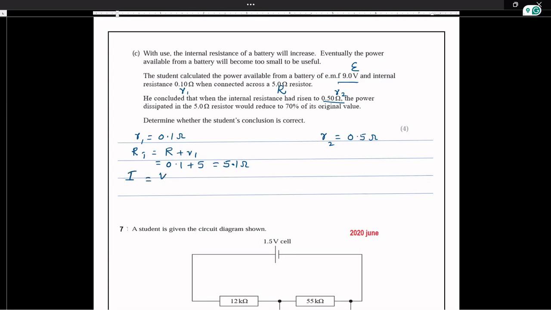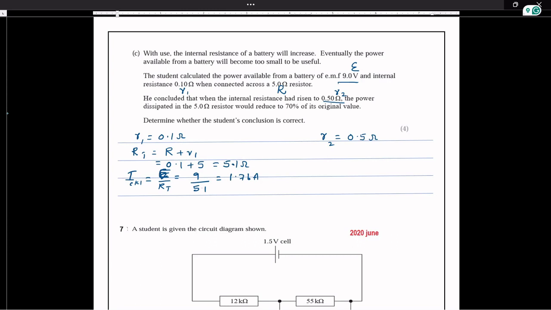Current is voltage over total resistance. Voltage here is the EMF, since we are calculating circuit current. So EMF is 9, 9 over 5.1. On calculation, it is giving 1.76 amps.